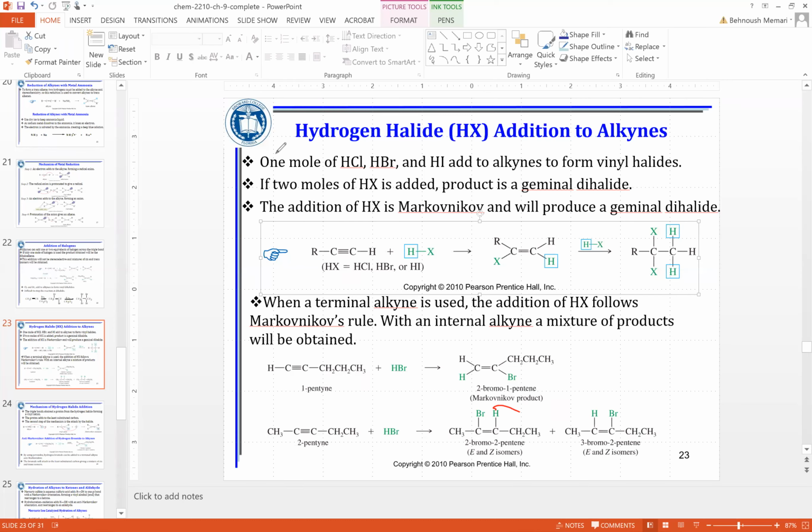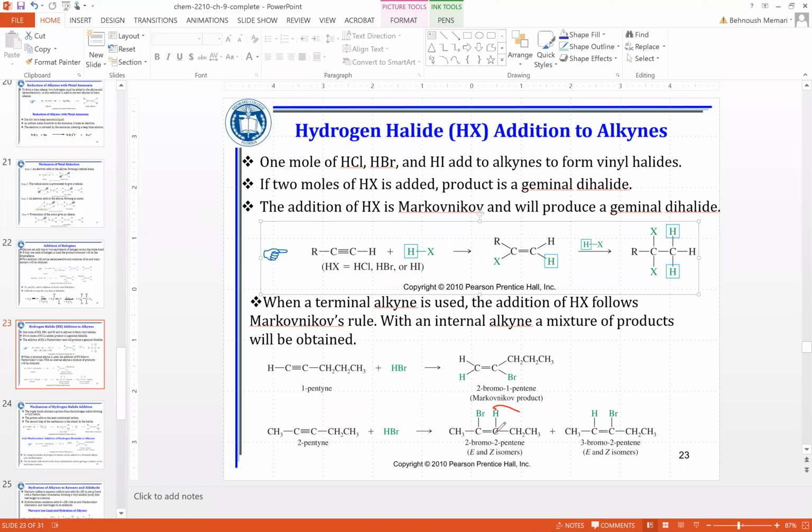So in this case, when H is added to the first carbon, it goes to the carbon with the greater number of hydrogens, so it is a Markovnikov product. This applies to the terminal alkyne. If the alkyne is an internal alkyne, you could get a mixture of products.